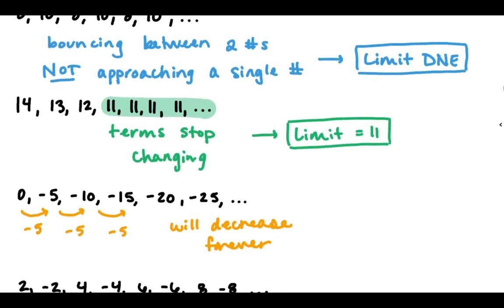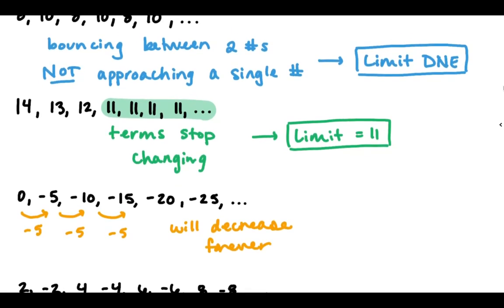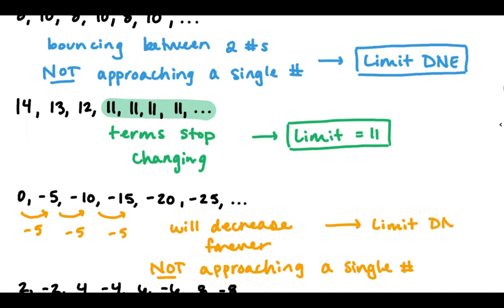So we're not going to approach a single number. That means this sequence does not have a limit. The limit does not exist. Eventually, if you keep going, you're going to be at like -1,000,000, negative 2 million, negative 5 million. So you're not getting closer and closer to a particular thing.